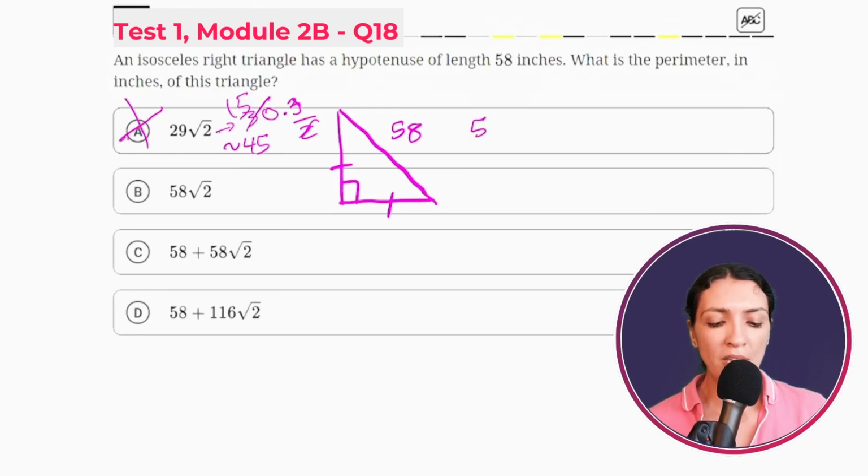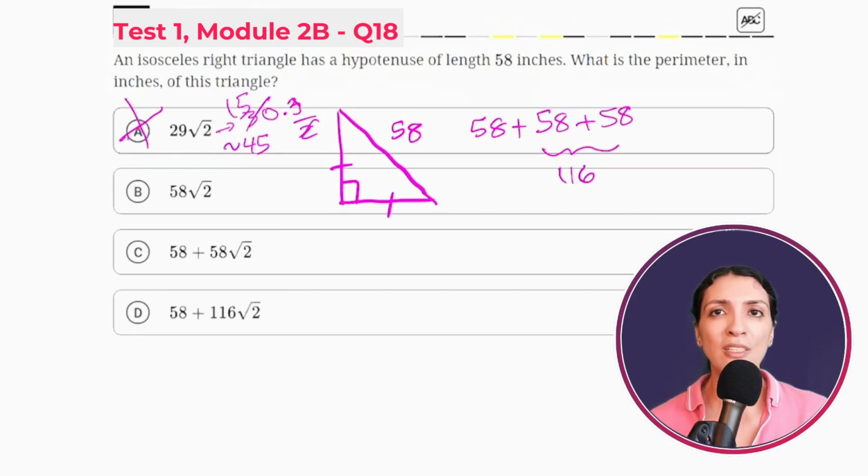The upper limit would be 58 plus 58 plus 58, or 58 plus 116. Now, if you look at choice D, we have 58 plus 116 times square root 2, which is even bigger than our upper limit. So that choice gets ruled out as well.